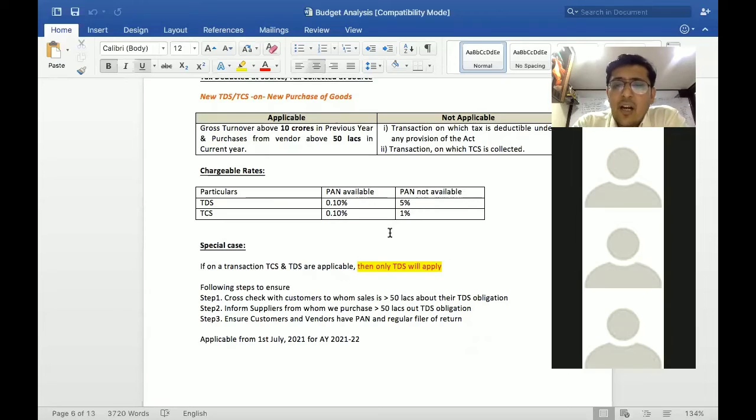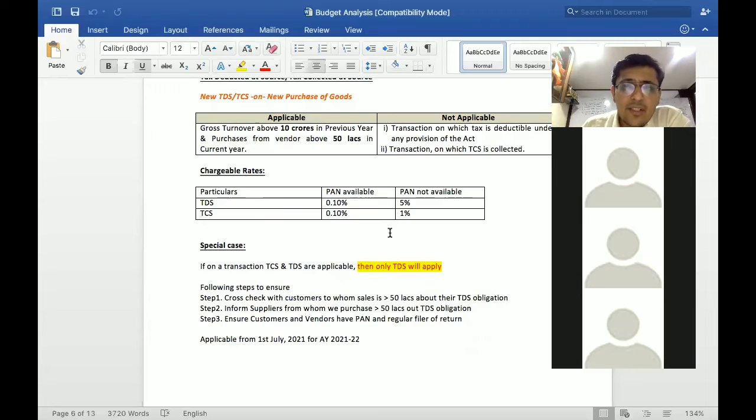Now, in this situation, how do we implement it? While I was thinking about implementation, the first thing I am supposed to do is check with my customers to whom my sale is above 50 lakhs, because they become purchasers.